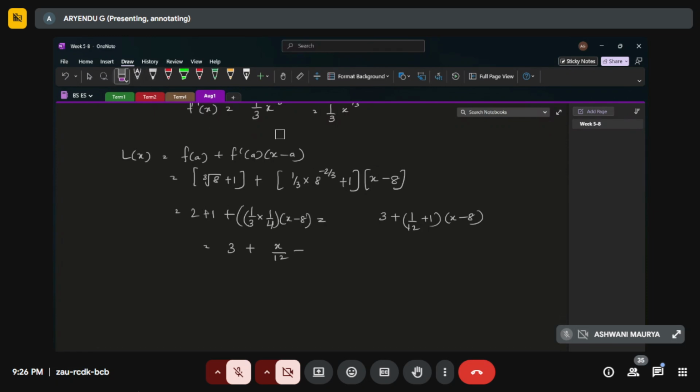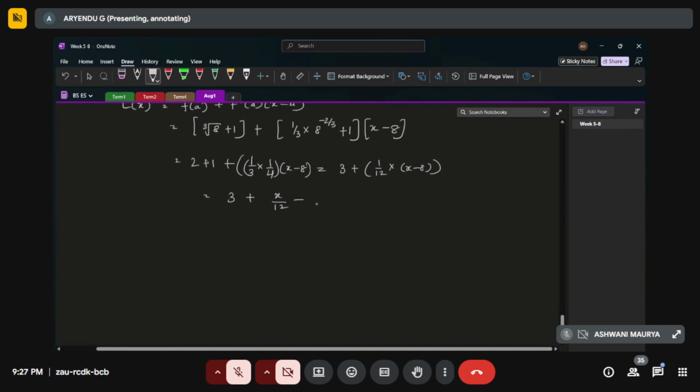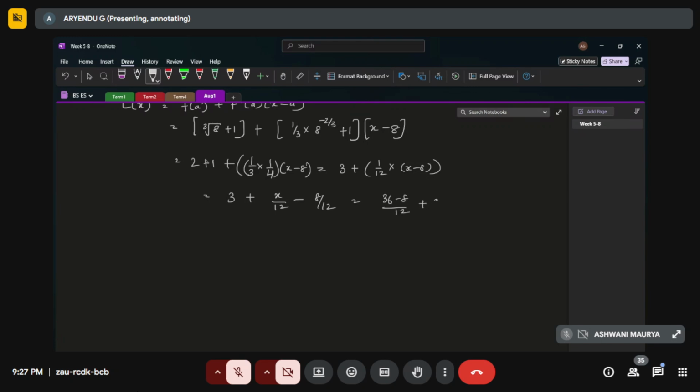And so we have this is 3 plus 1 by 12 into x minus 8. Here 3 plus x by 12 minus 8 by 12. So if you calculate that, you will have 36 minus 8 by 12 plus x by 12.